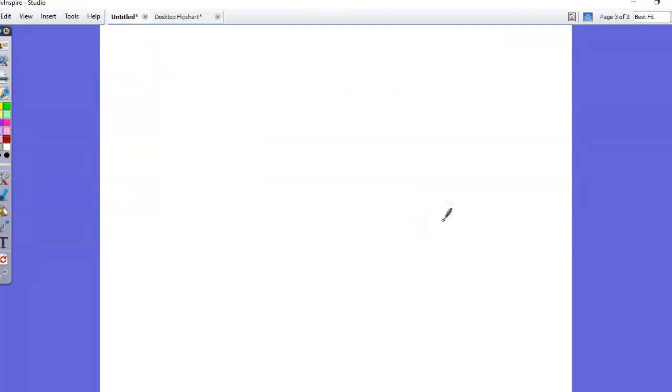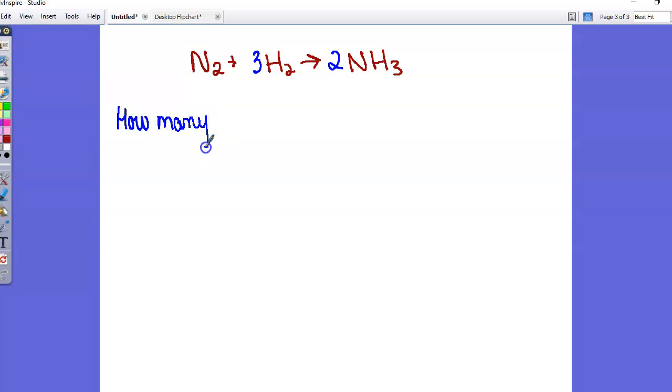So, say that we have N2 plus H2 yields NH3. And to balance those, we put a 3 and a 2. What if I asked you how many grams are in 28.5 moles of NH3?